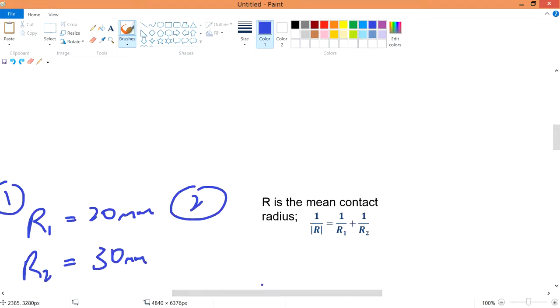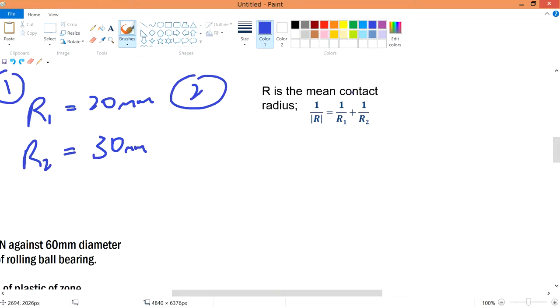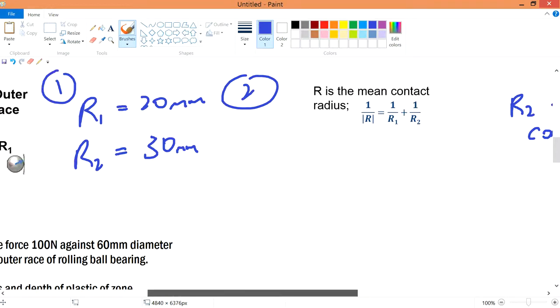Be careful that this is called the contact radius. The contact radius is taken, although this is plus, R2 is a minus, or negative, because it's concave. I also don't know why it is concave.